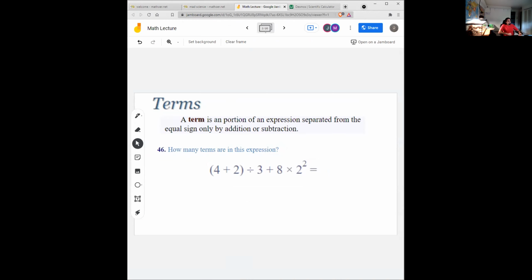And I'm going to start at the far left side and amble along until I get an addition or subtraction that's not inside parentheses. So blah, blah, blah, blah. Here we go. So that is breaking apart this expression into terms. And then I keep going, and that was the only one. So for this particular thing, we have two terms and then a plus that's separating them.